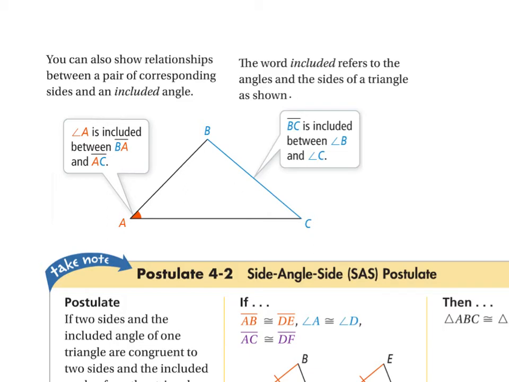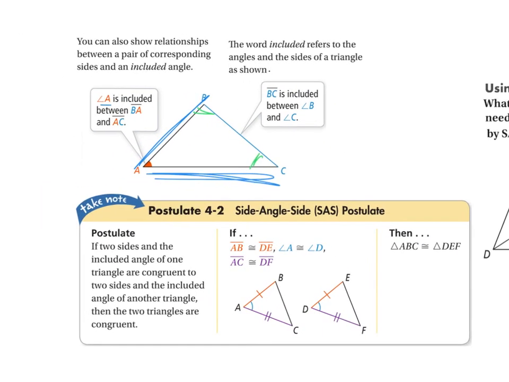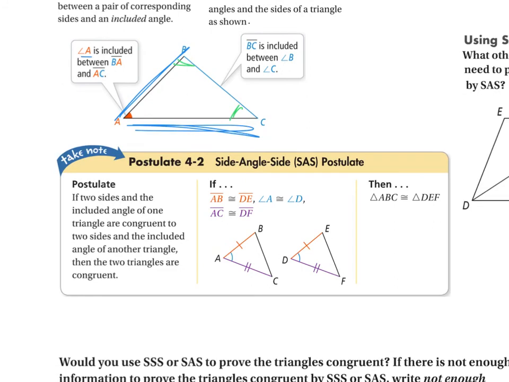So angle A is included between BA and AC. And BC is included between angles B and C. Something handy for you to know, but we probably won't use it that much, honestly.